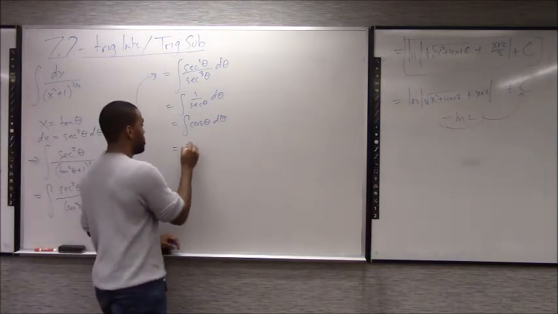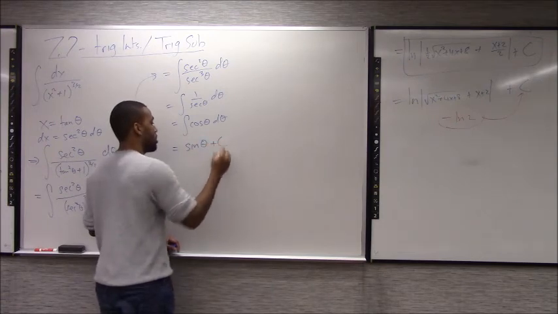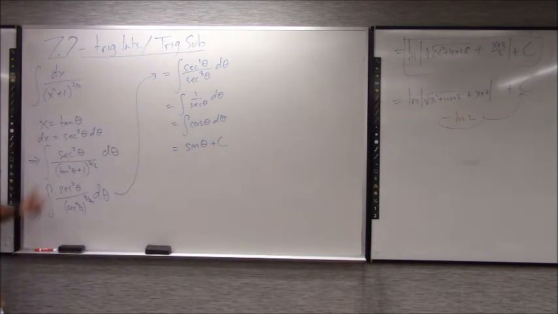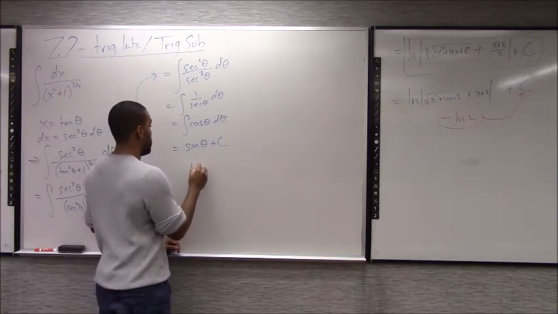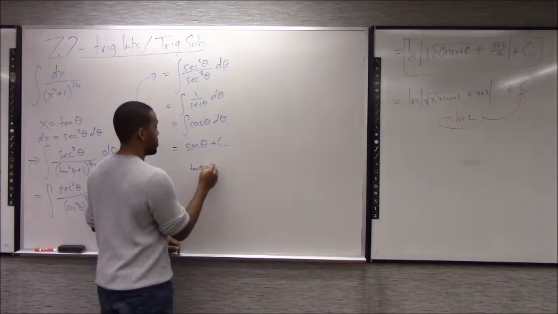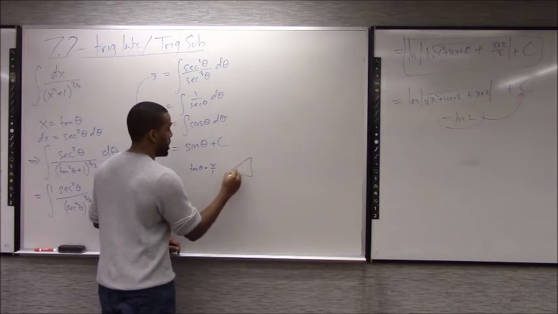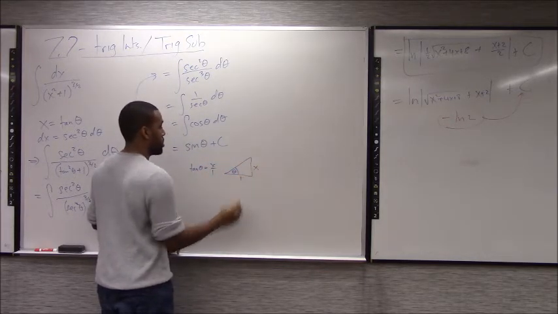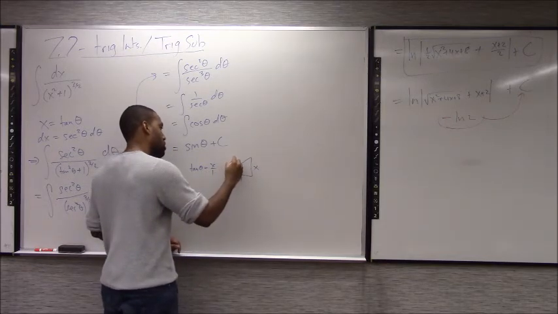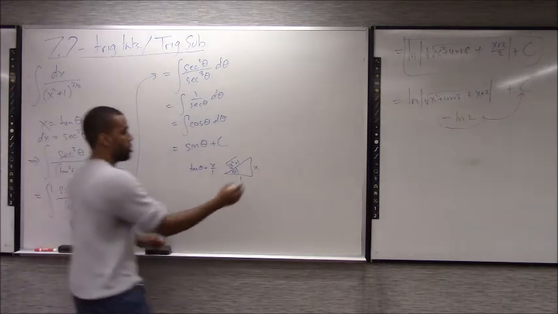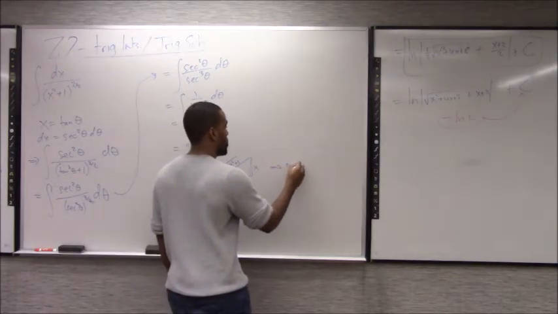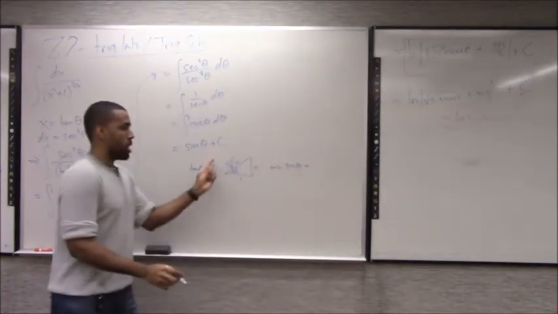Integral of cosine is positive sine, and so that's our antiderivative of this guy. Now we just do the back substitution. I know that my tangent theta equals x over 1, this gives me that triangle, opposite over adjacent, so this would be the radical of x squared plus 1. And so that would be my sine function, opposite over hypotenuse.